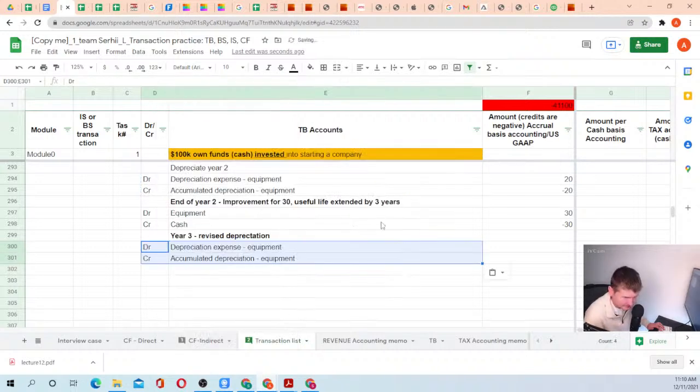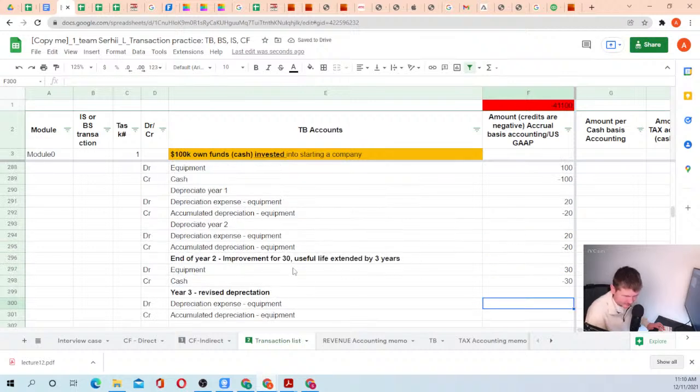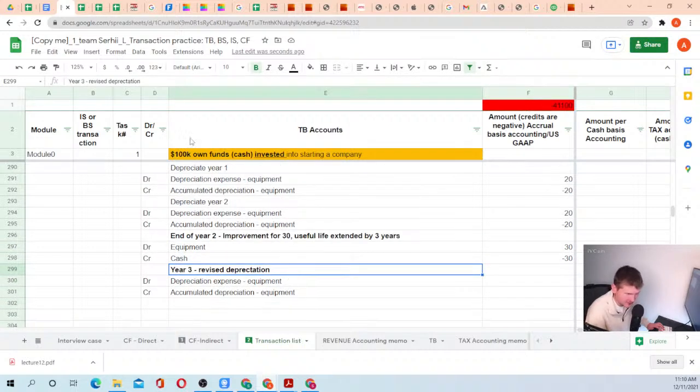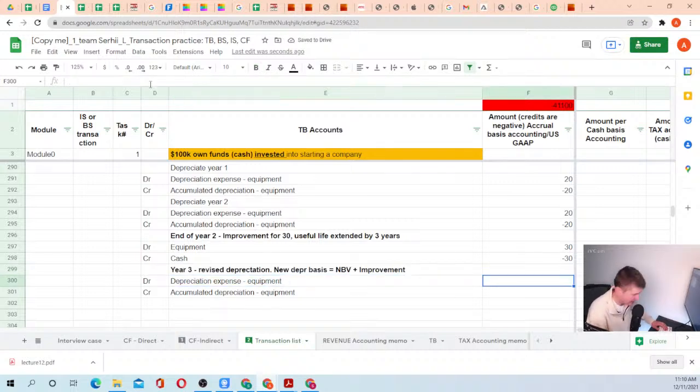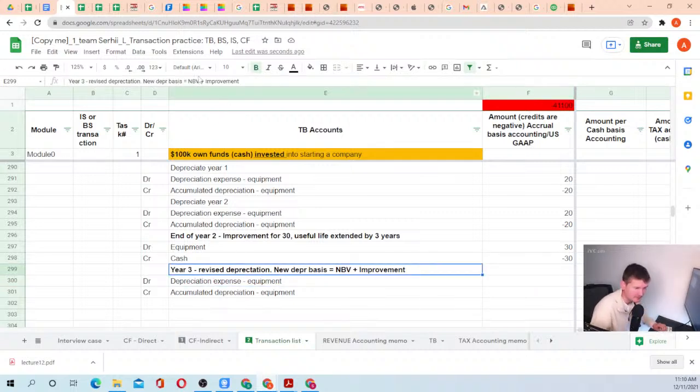So we need to figure out the depreciation basis, NBV. So our NBV will be 100 minus 20 minus 20, and our improvement will be 30.